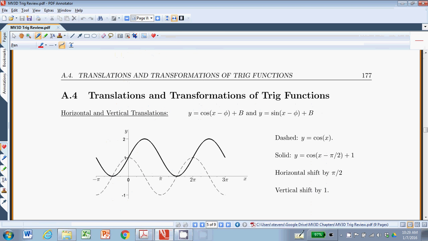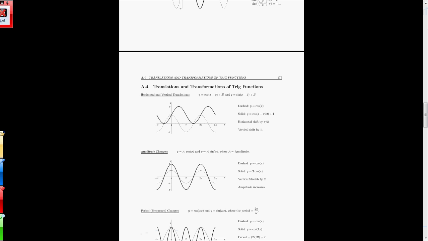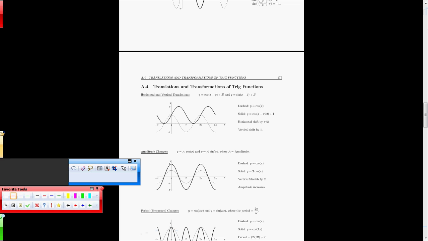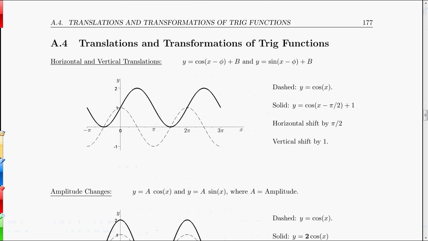First thing I'm going to do is put this into full screen mode, and broaden this out so that we can see the whole width of the page. Okay, the first thing we're going to talk about are horizontal and vertical translations. This is consistent with any function, not just trig functions.